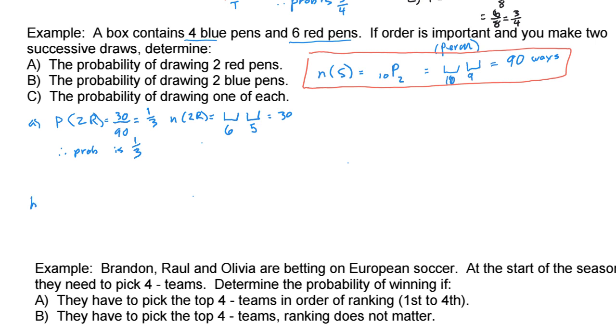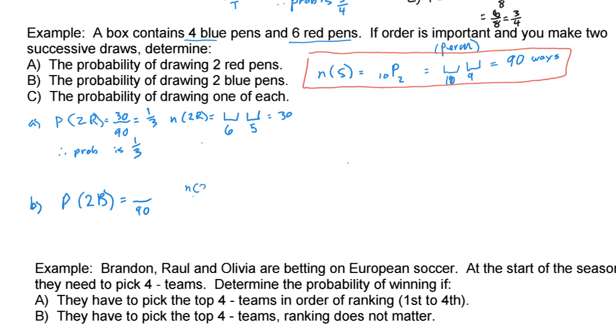So let's go and take a look at B. What is the probability of drawing 2 blue pens? The probability of 2 blue is the same calculation that we did up there. Now remember, the denominator is always going to be 90 because that's the total number of ways. But then we need to calculate the possibility of 2 blue.